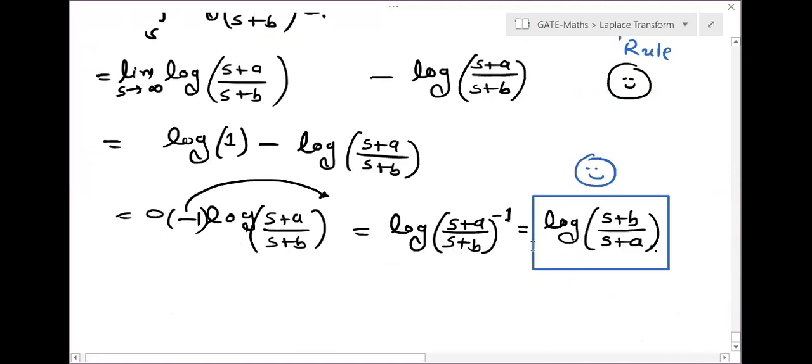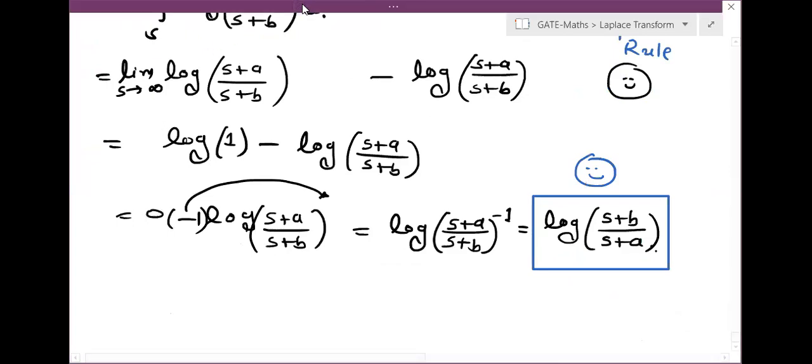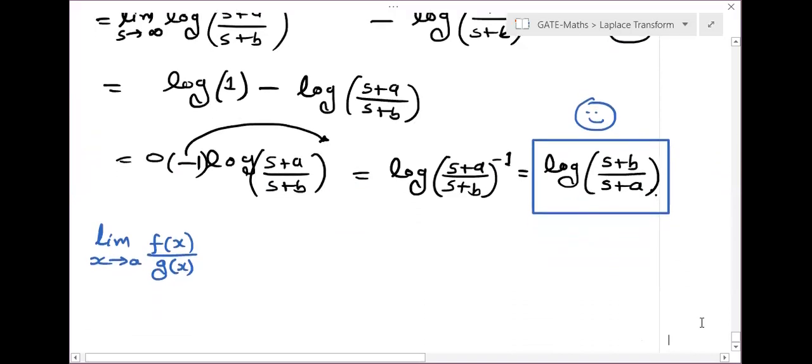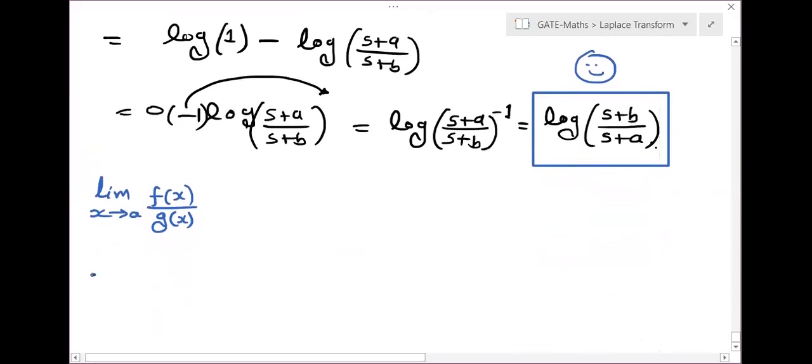Let me give you glimpses of L'Hopital rule first separately. See here. Whenever you have limit x tends to a, f of x by g of x, after putting this limit, if your function has 0 by 0 form or infinite by infinite form, then you can take the limit x tends to a, f dash x by g dash x.